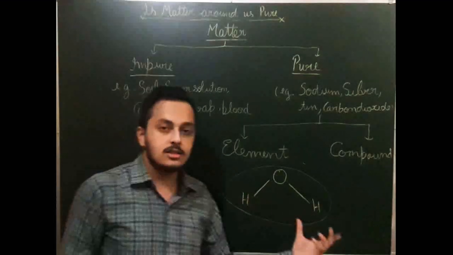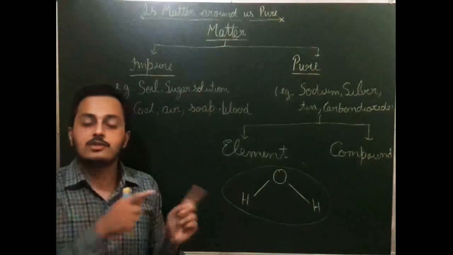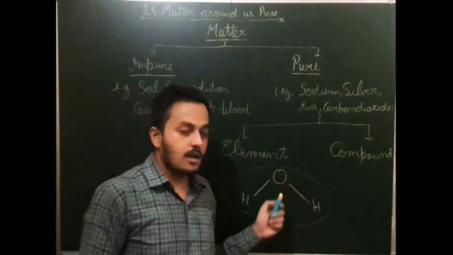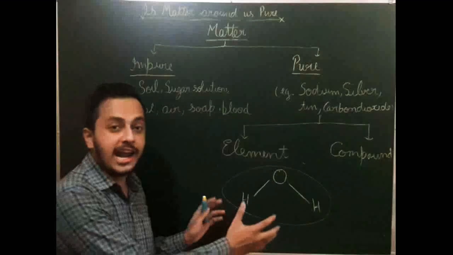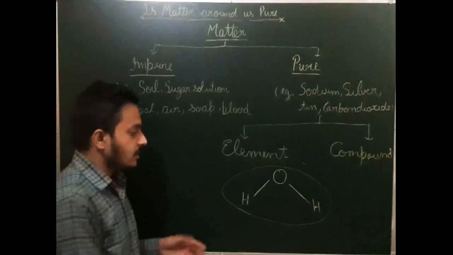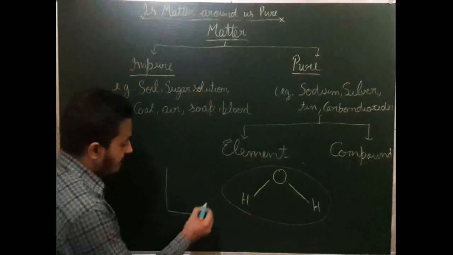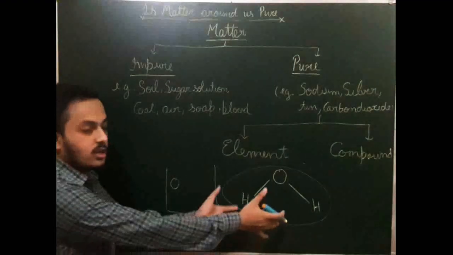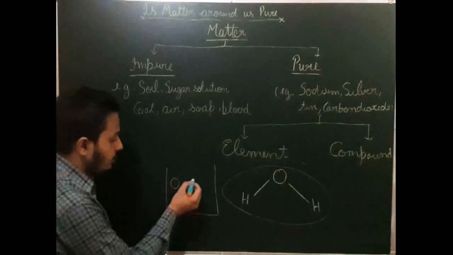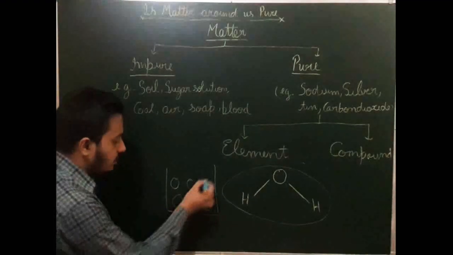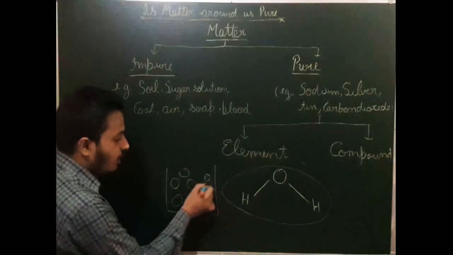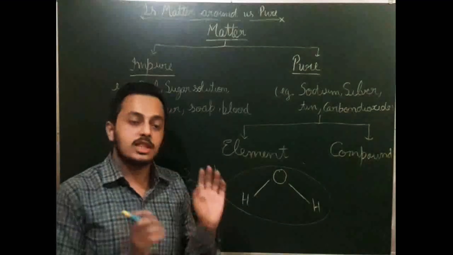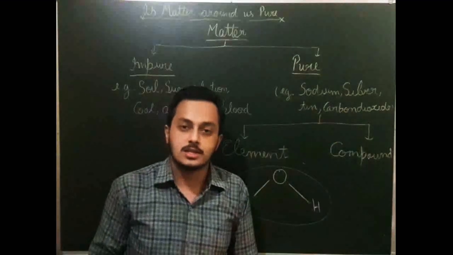That is water. I have told you in the example H2. And when all these new entities combine together, if in a beaker there are only these entities called water molecules, one water molecule, another, a third, fourth, fifth, sixth, seventh, eighth, all the molecules are of water only, then it will be a pure substance.